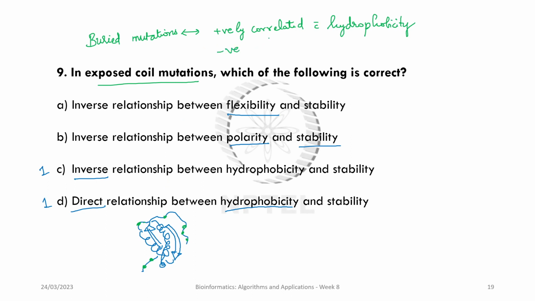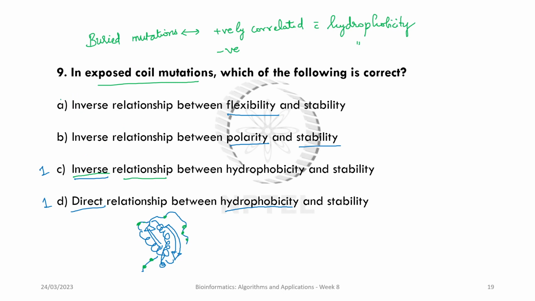So, buried mutations are positively correlated with hydrophobicity, whereas coil mutations, the ones that are exposed, saw a negative correlation with hydrophobicity. So, what does that mean? When hydrophobic residues were increased, the change in free energy was negative, which means it is destabilizing. So therefore, it's an inverse relationship.